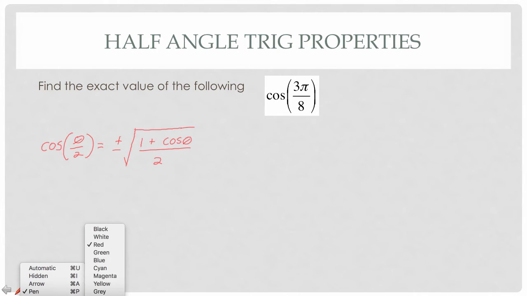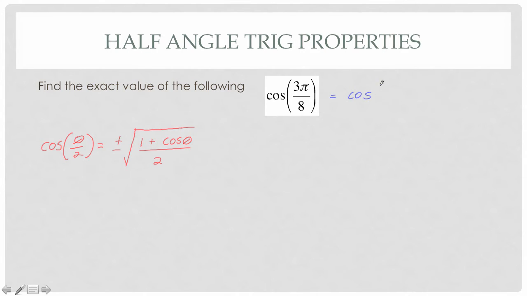But what do we know? We already looked up that our angle, we said the cosine of half of 3 pi over 4. And we looked up on the unit circle, the cosine of 3 pi over 4 is exactly negative square root of 2 over 2.